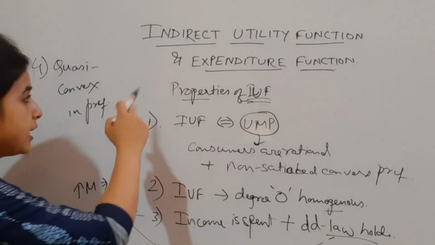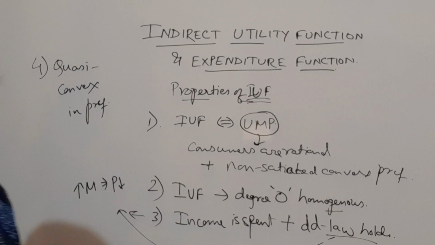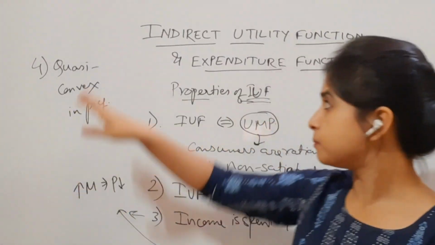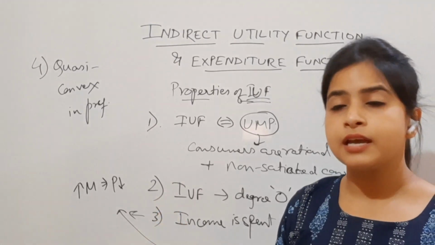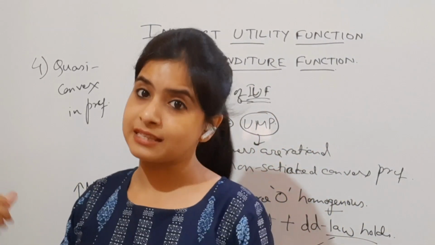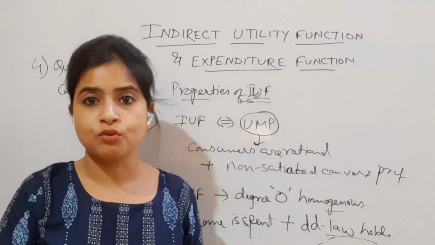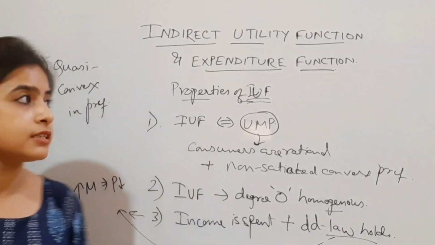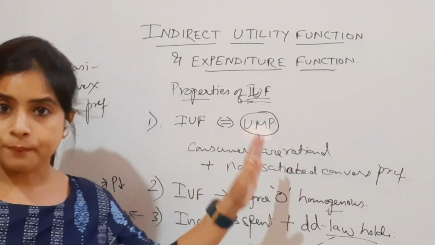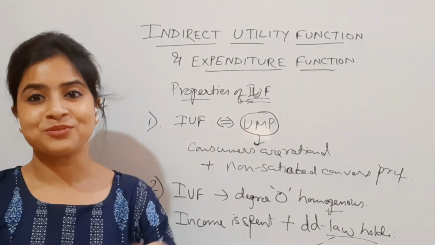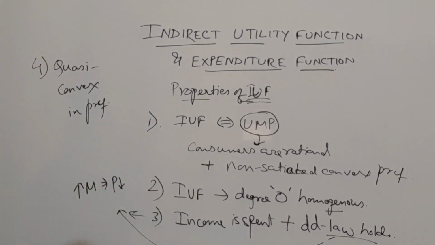This goes again for the indirect utility function. All these properties have proofs. I am not able to show them in this session. However, if any of you want to know the proofs for the indirect utility function as well as the expenditure function properties, contact us, and we will try to help you out.